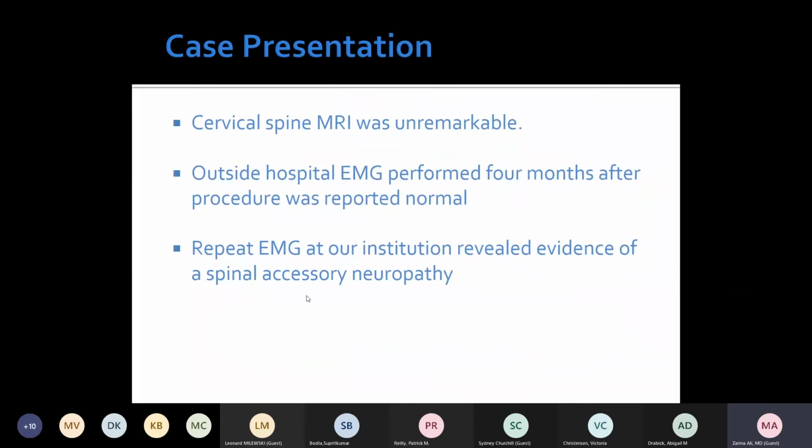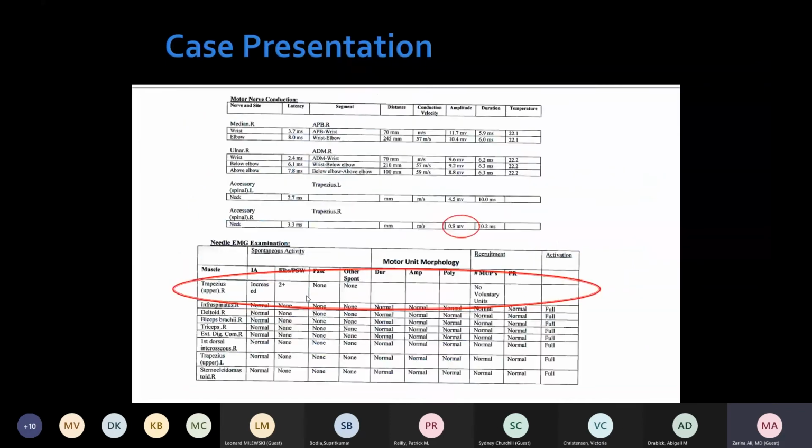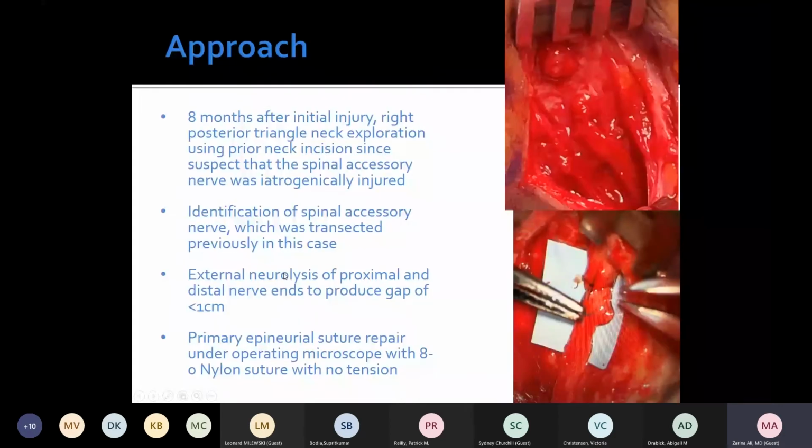She underwent a series of studies, and EMG ultimately showed no voluntary units in the trap and abnormal nerve conduction velocity. So this is a patient who we explored 8 months after injury.